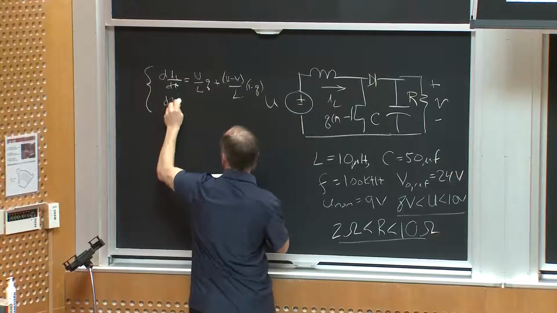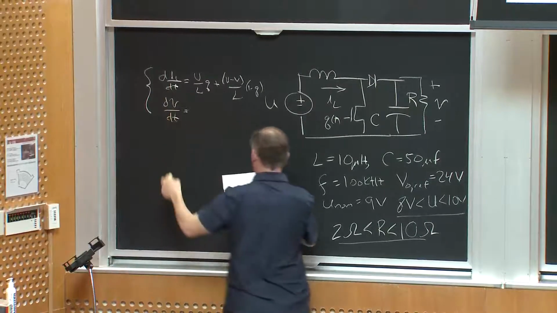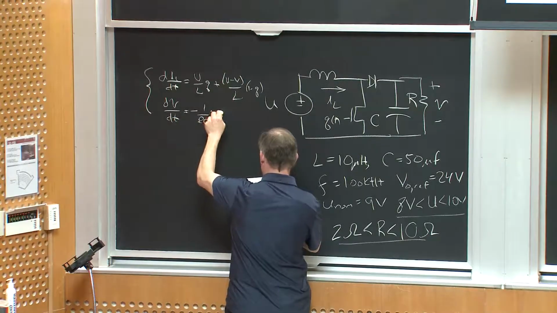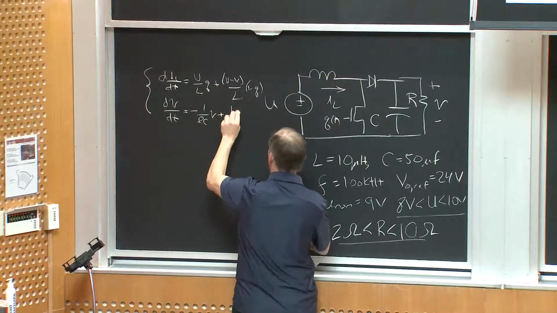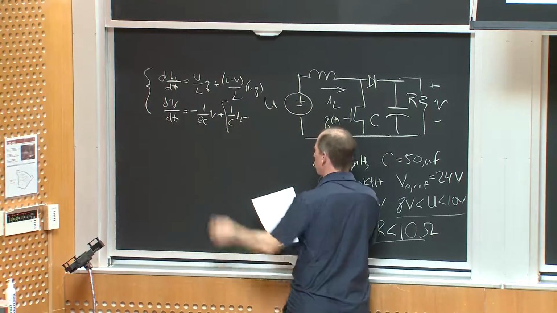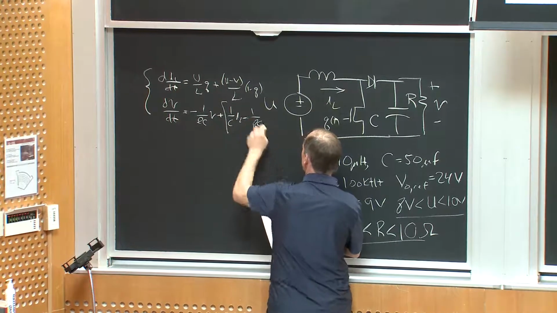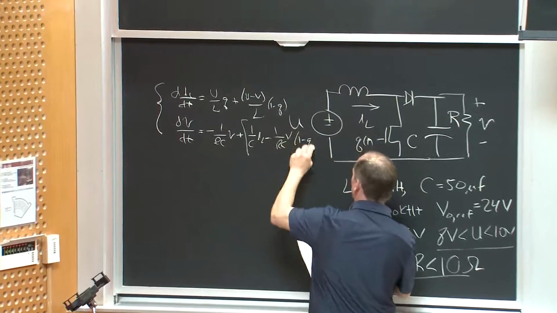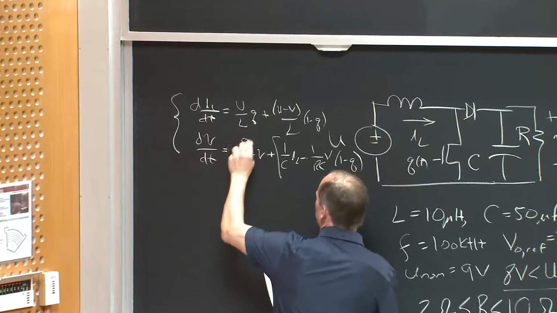And dV/dt is equal to minus 1 over RC times V plus 1 over C times IL minus 1 over RC times V times (1 minus Q). And I should have said this is Q of T.